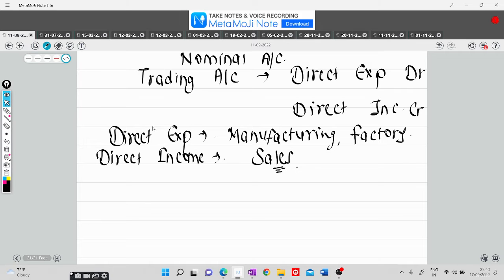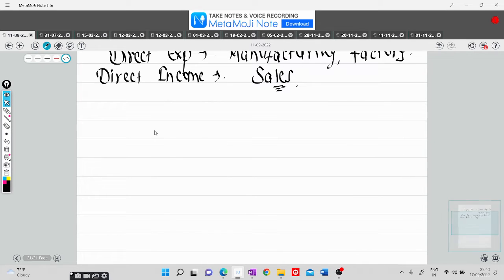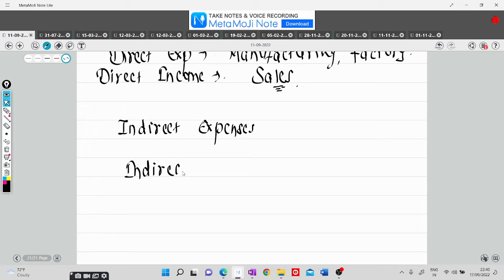And all the indirect expenses and indirect income will be recorded in the profit and loss account.